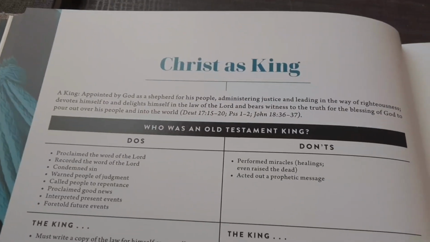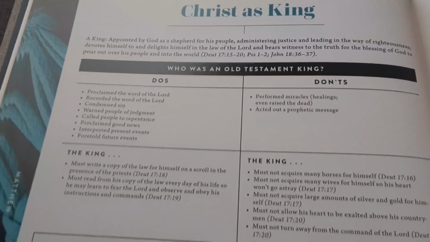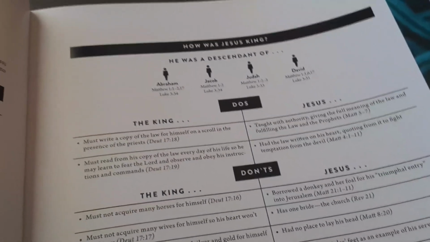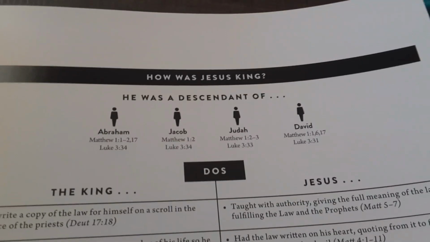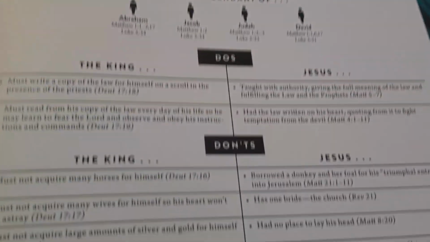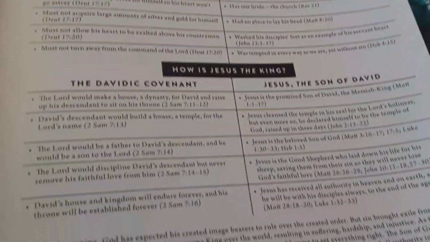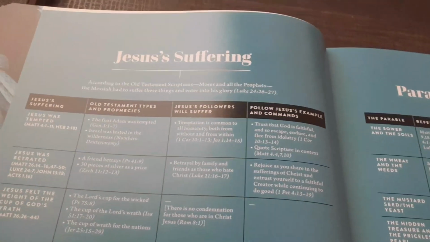He was an Old Testament king. The do's and don'ts of being the king. How was Jesus king? The do's and don'ts, the king and Jesus. How is Jesus the king? Jesus' suffering.